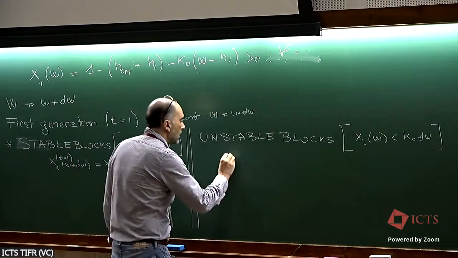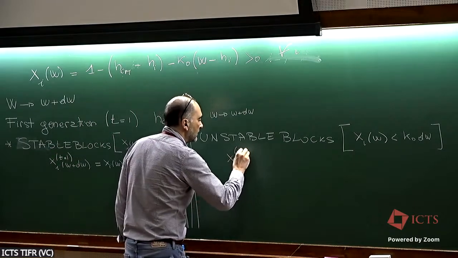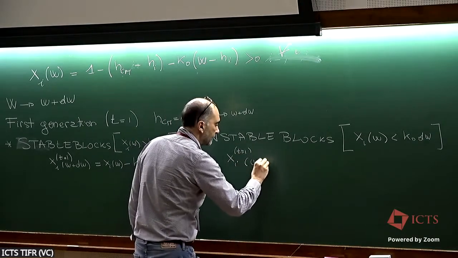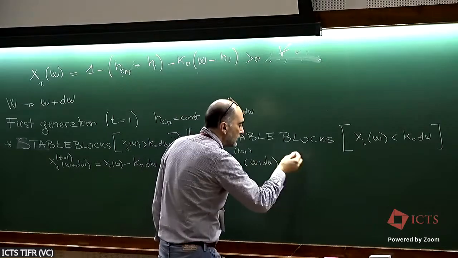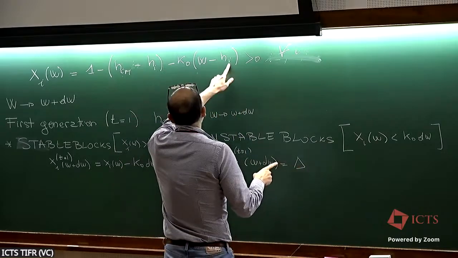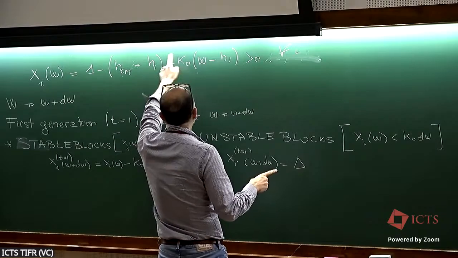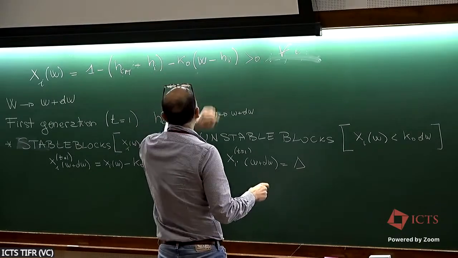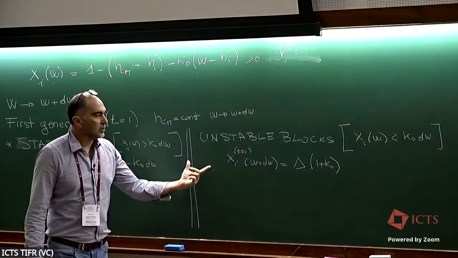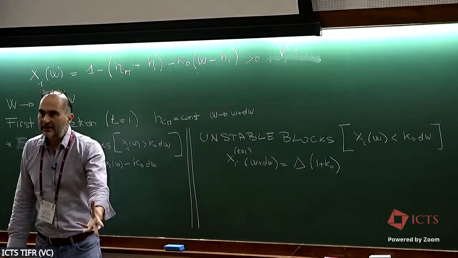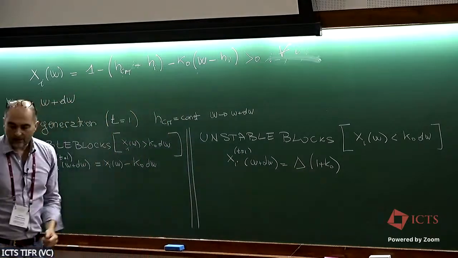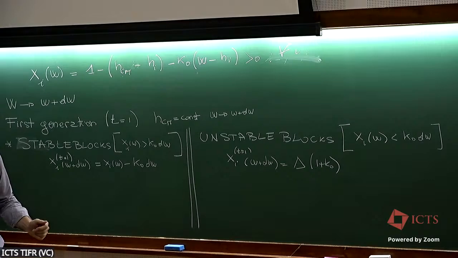And so we can say that xi at time t equal 1 of these unstable sites is just the new position, okay? So you jump by delta, and now you have to be careful because there is hi here and hi here. So if hi jumps by delta, then this is 1 plus k0. So it gets stabilized, it becomes positive again, okay? And there is this k0 plus because we changed the parameter.